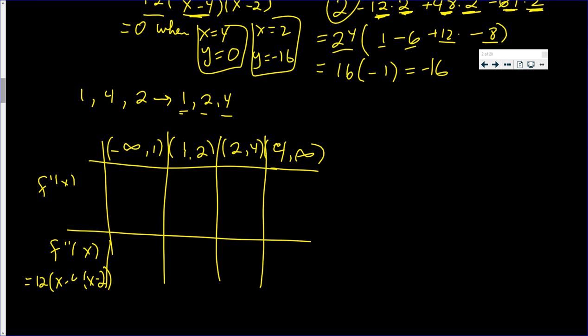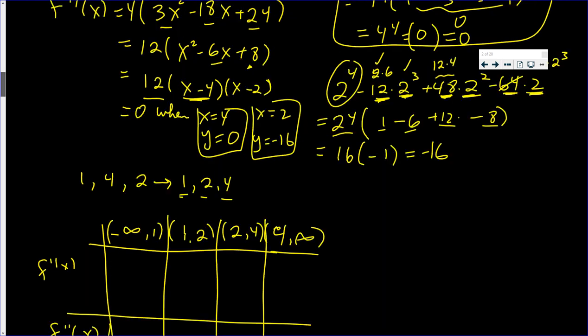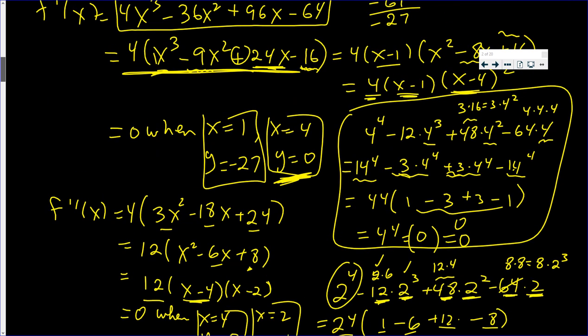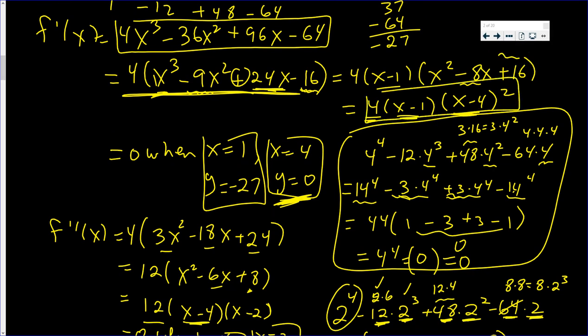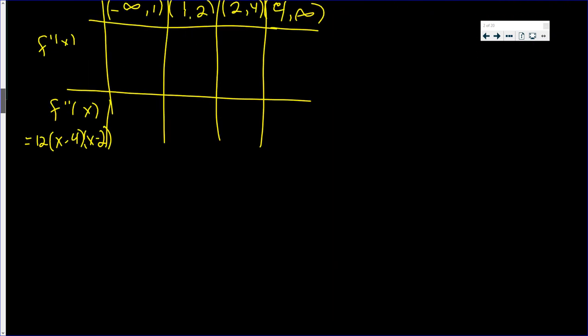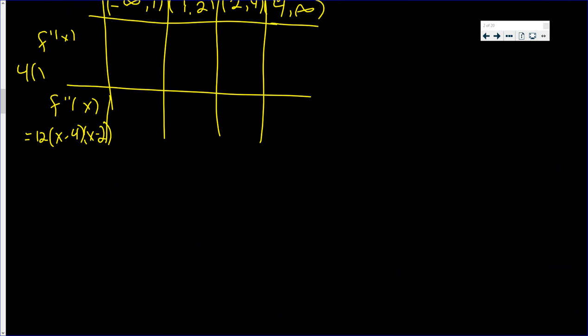And the first derivative happens to be this here, 1 and 4 squared. So it's 4 times x minus 1 times x minus 4 squared.